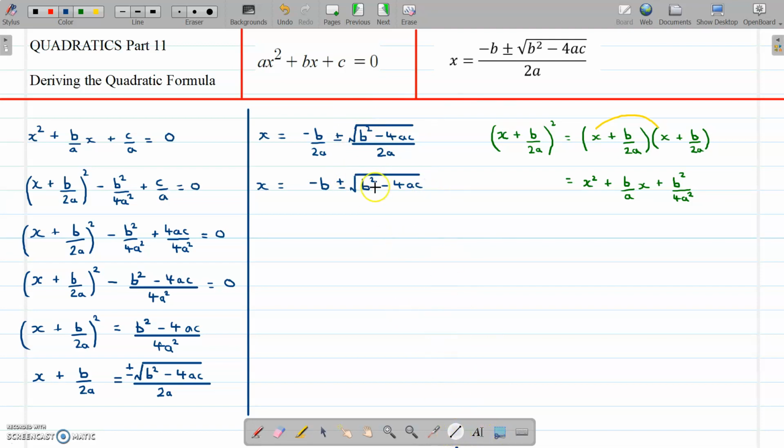Okay, because it's a common denominator of 2a in both of those terms, you see. So I just need to extend that fraction line all the way through and right underneath there 2a. And I'm sure you've noticed that is the quadratic formula.